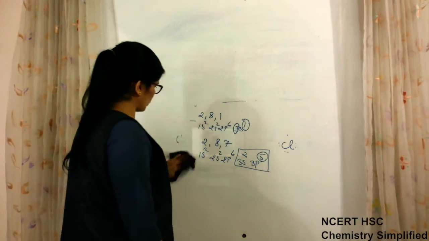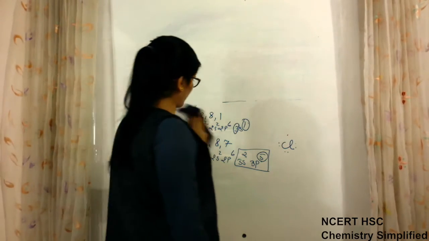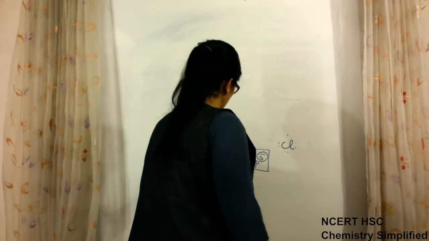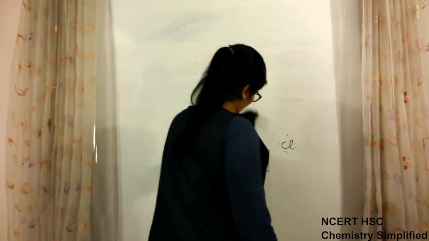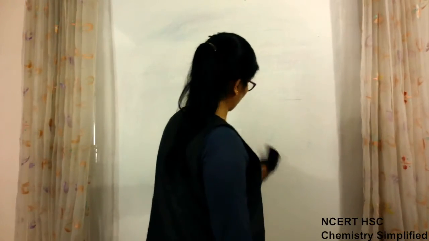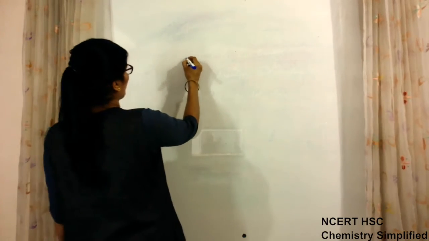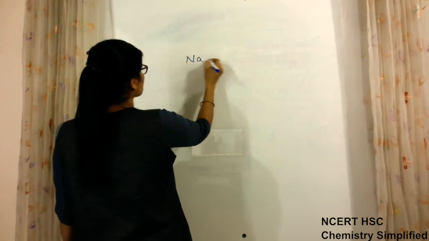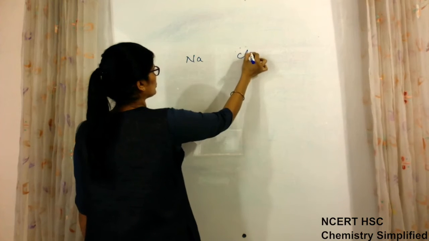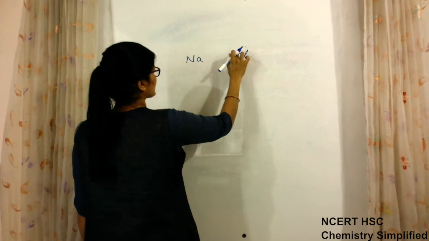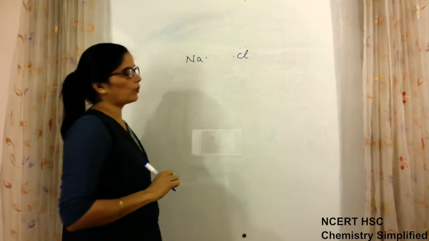So according to the structures we have made for chlorine and sodium, let us see what happens in the formation of an ionic bond, suppose we talk about the formation of NaCl itself. Chlorine has 1, 2, 3, 4, 5, 6 and 7 electrons, and sodium has only 1.